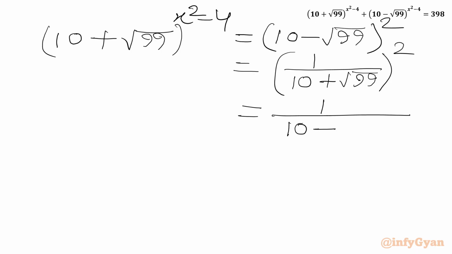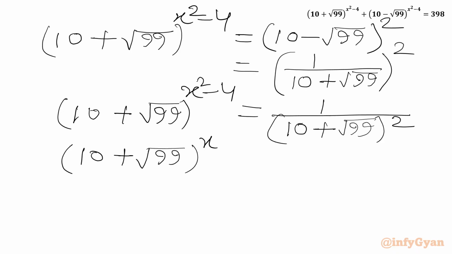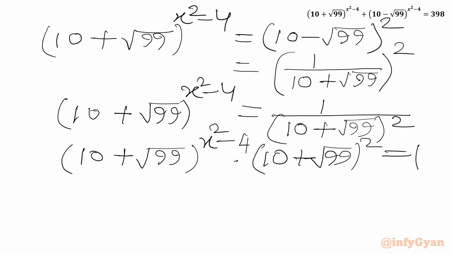Denominator is 10 plus root 99 whole square, which we will take to the LHS using cross multiplication. So let me write here 10 plus root 99 with power x square minus 4. So I will write here 10 plus square root 99. Then we will write x square minus 4 times 10 plus square root 99 whole square equal to 1.